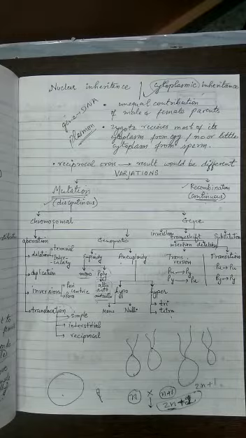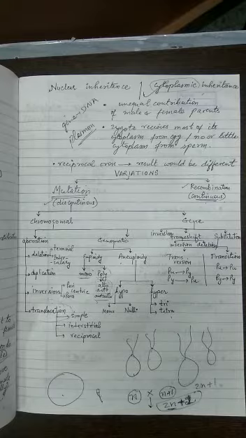But when it comes to mutation, mutation is a discontinuous source of variation, because it does not happen every time there is gametogenesis, but whenever it happens, it happens suddenly, and then it can be a good mutation or bad. But remember, maximum mutations are bad, and maximum mutations will be recessive in nature. So they will not show themselves that easily unless they become homozygous, because they are recessive.